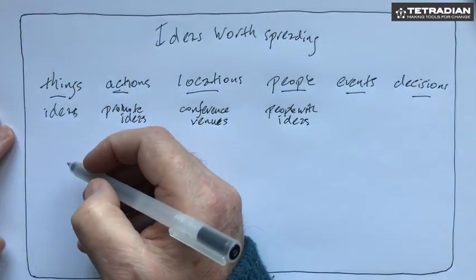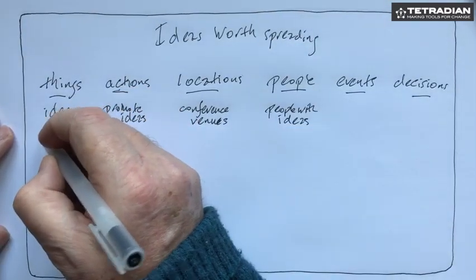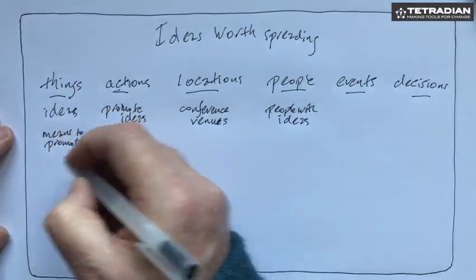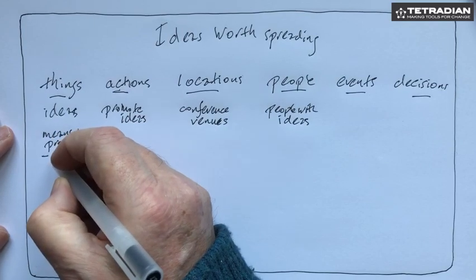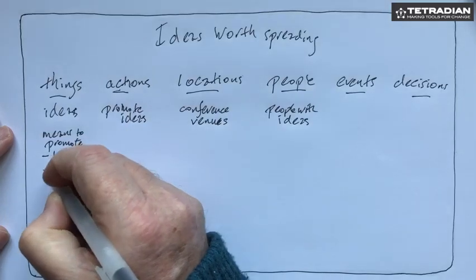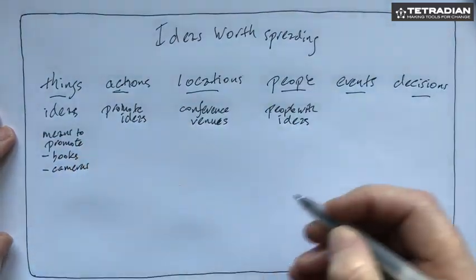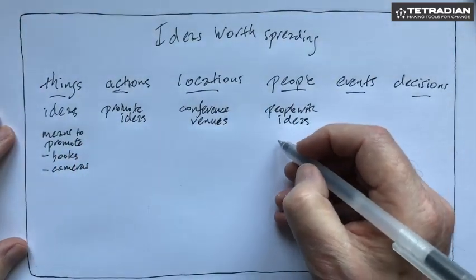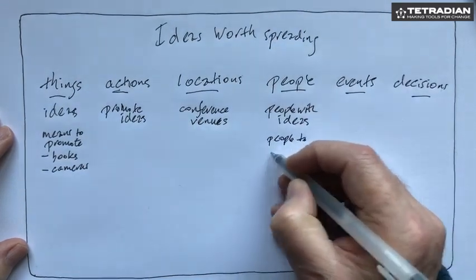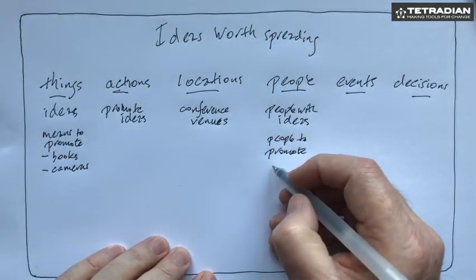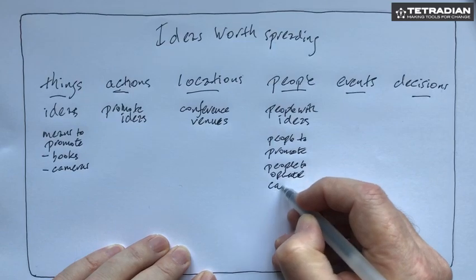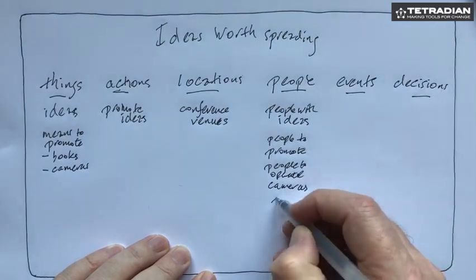The things we'll also need are the means to promote, which in our case, if we look at them, would be things like books, cameras, which means we're going to need people who can do these things, so people to promote, people to operate cameras, and also things like edit.